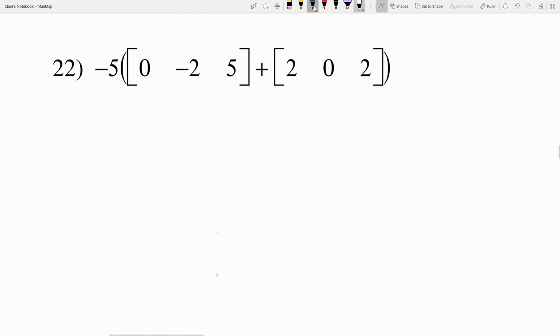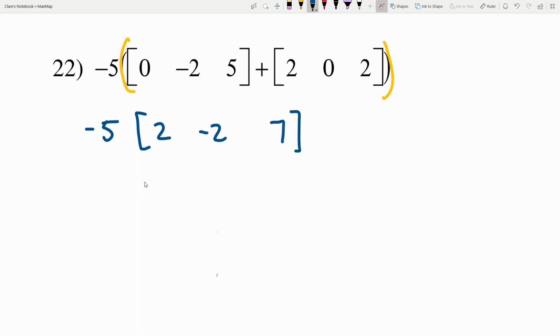Now in number 22, remember I said order of operations still applies. And you can see there's parentheses around these matrices that I'm going to be adding. So I'll add first and then scale. So I'll have -5 times 0 plus 2 is 2, -2 plus 0 is -2, and 5 plus 2 is 7.